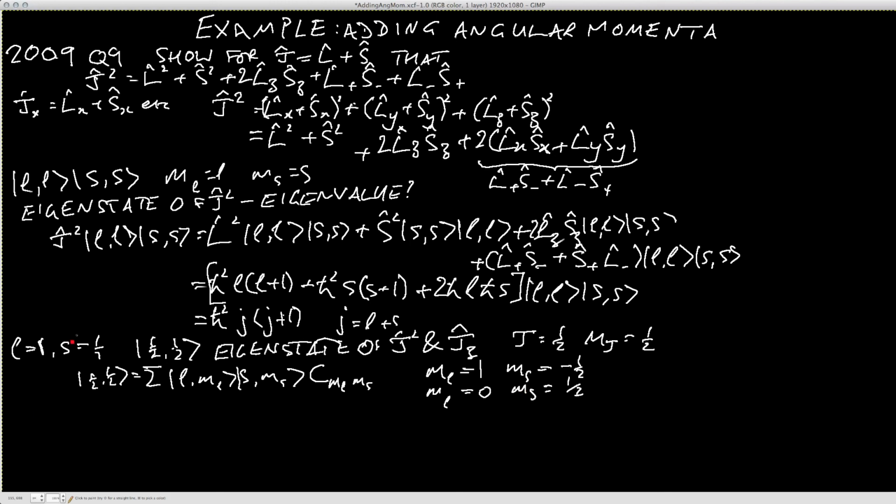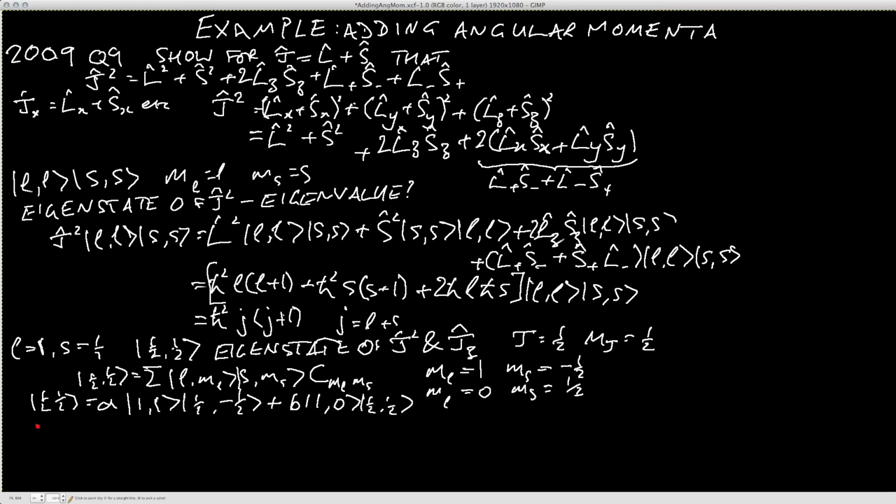So at this stage, we write that a half a half is equal to A times 1, 1, a half minus a half, plus B times 1, 0, a half, a half.